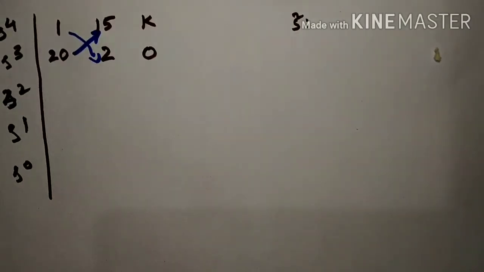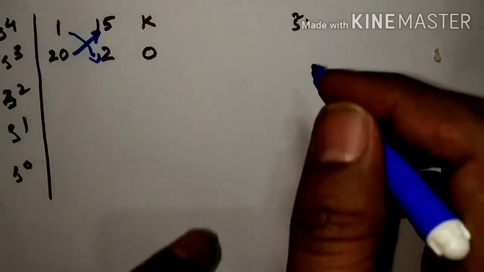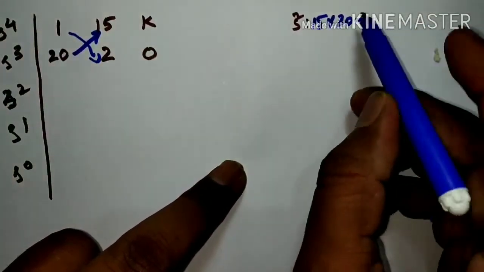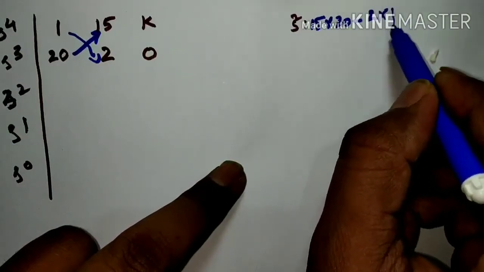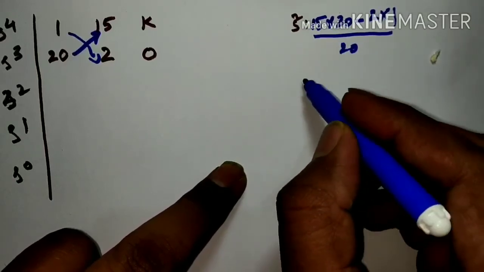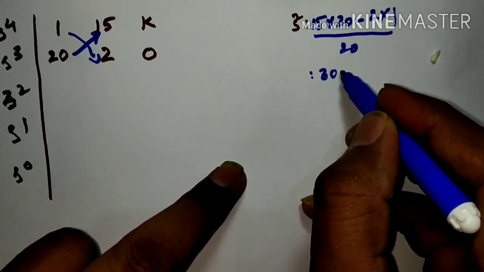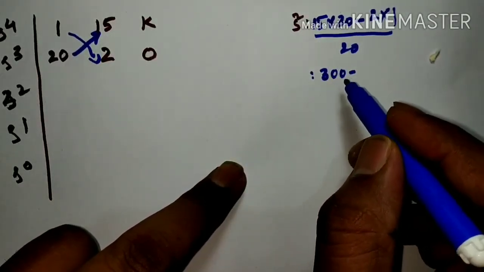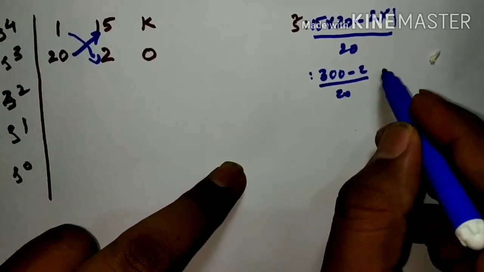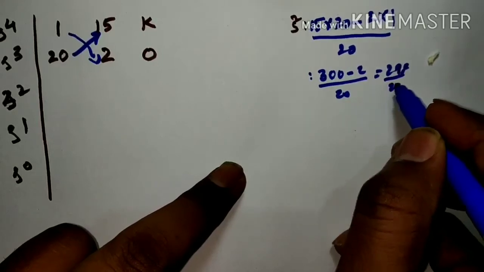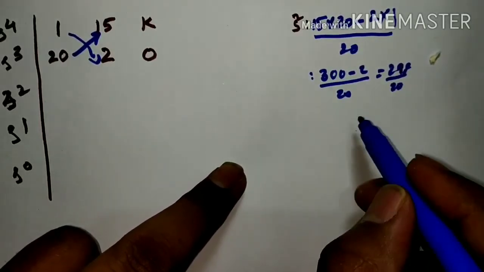So I'm going to write here (15 into 20 minus 2 into 1) by 20. So this is 300 minus 2 into 1, which is 2, by 20, so 298 by 20.